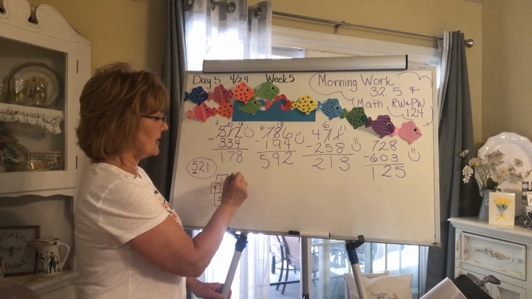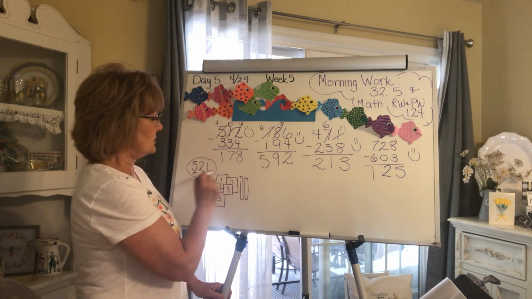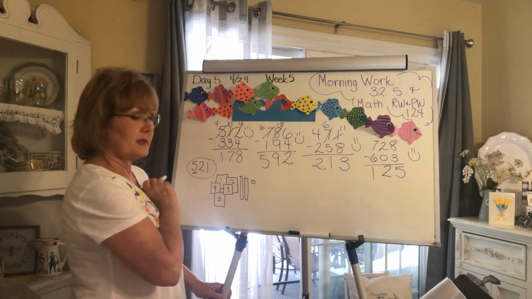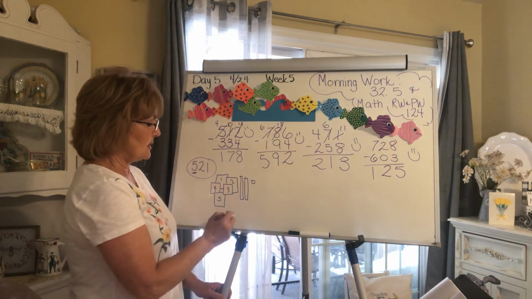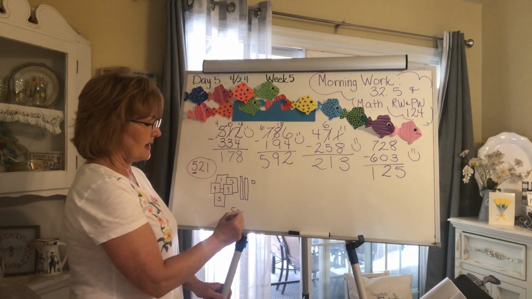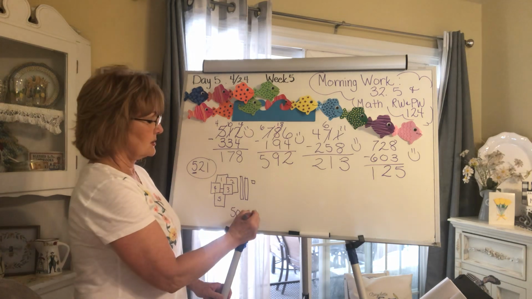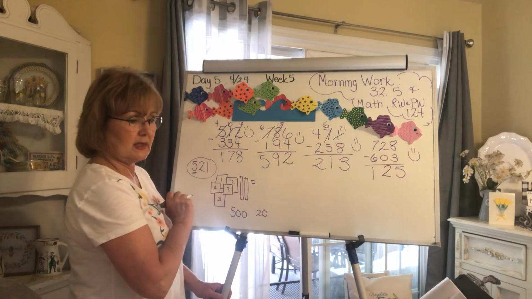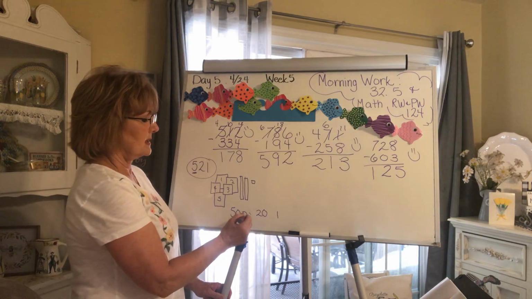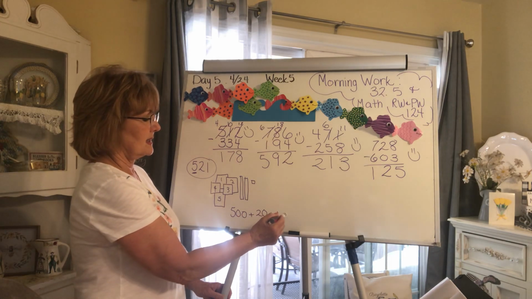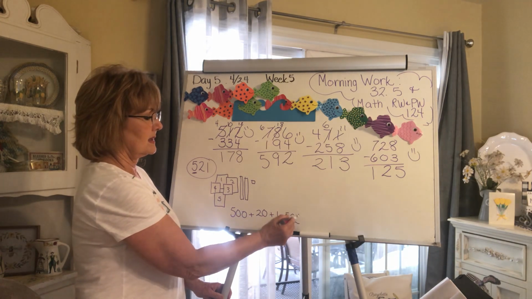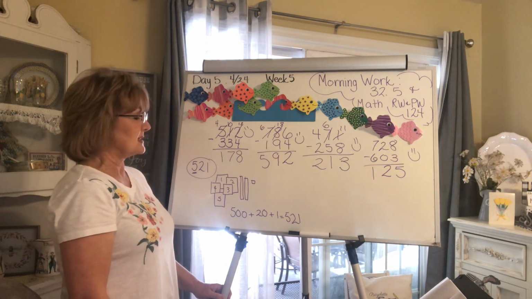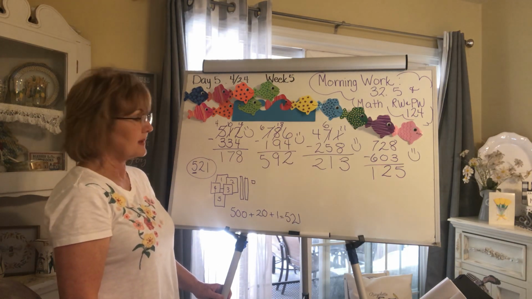Tens are your rods. You have 2 and only 1 cube, right? And so when you fill it out, it's 500, 2 tens is 20, 1, 1. So basically, 500 plus 20 plus 1 would be 521, okay?